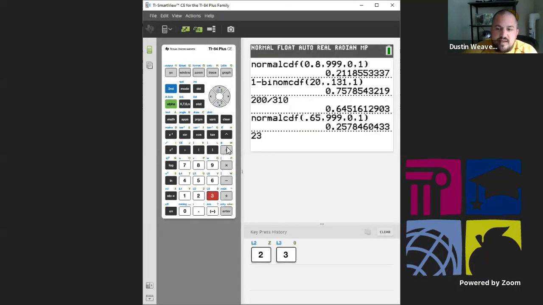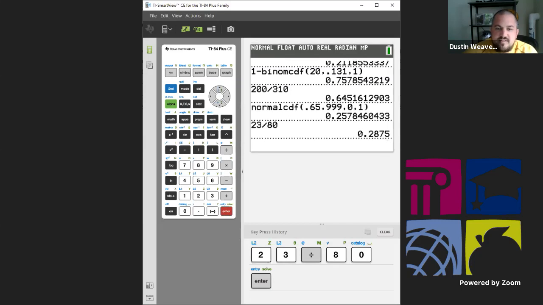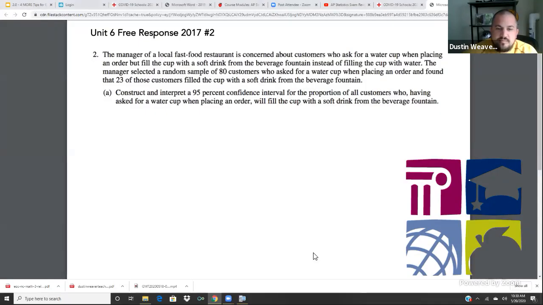So 23 divided by 80, thank you, 0.2875 would now be our sample proportion. So we're able to go back to our problem. My text disappeared, so, sorry.